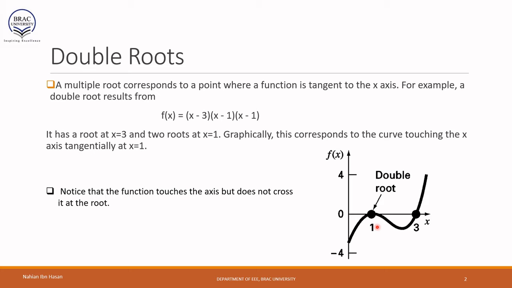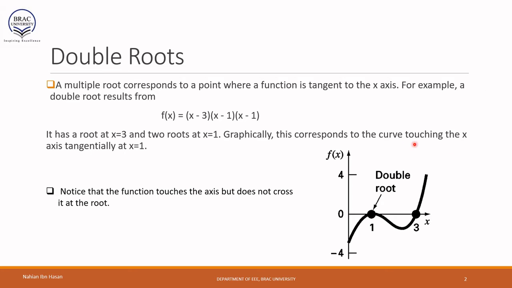Whenever a function touches the axis but does not cross it, then there are multiple roots at that point. So in our case at x equal to 1, since the curve is tangent to the x-axis, we are going to have multiple roots. Since this function has two similar roots, at that point we are going to find two similar roots. So this is the first scenario.